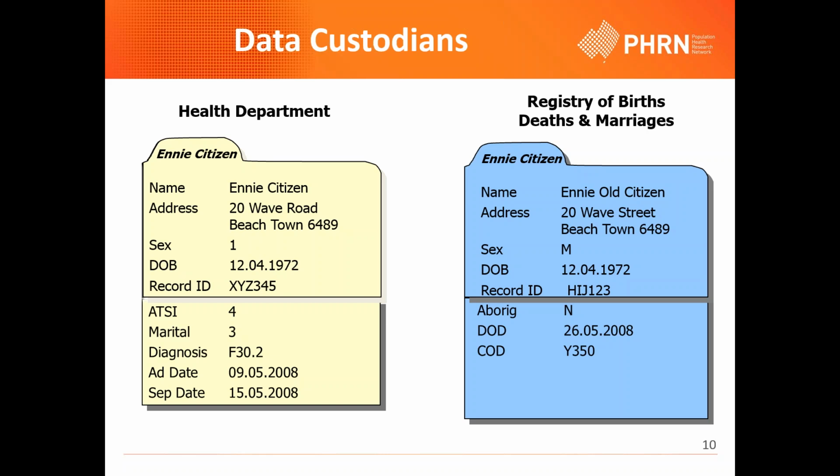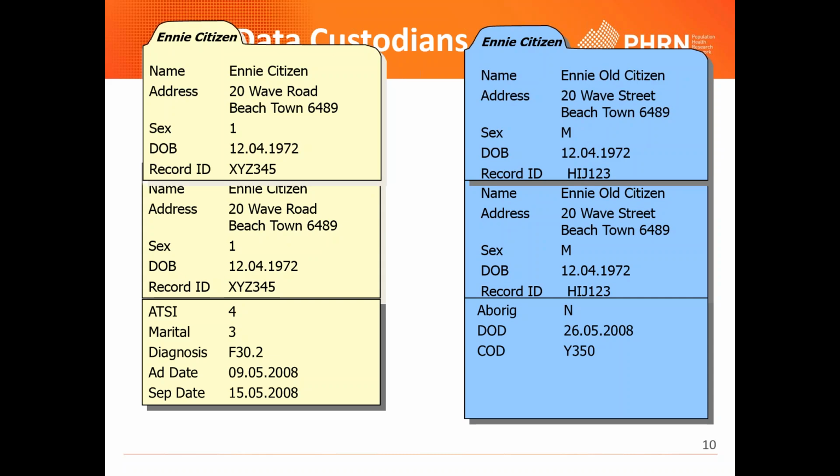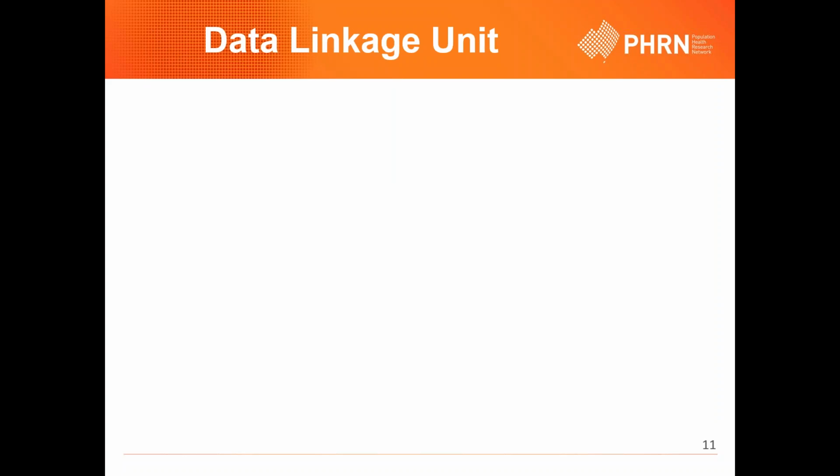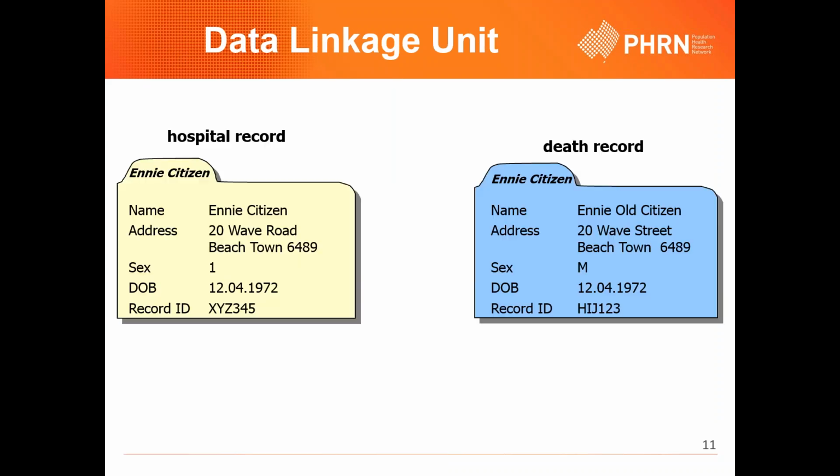In this process the data custodians separate the data in these two records and take a copy of the identifying information, which they then send to a data linkage unit, which is a specialized unit that often sits within a health department that is just set up to create these links. That is their only job.